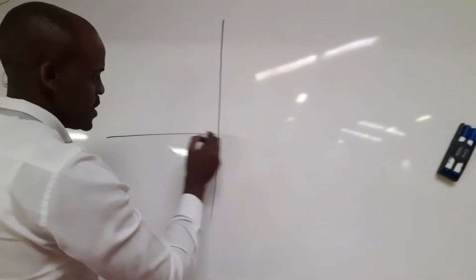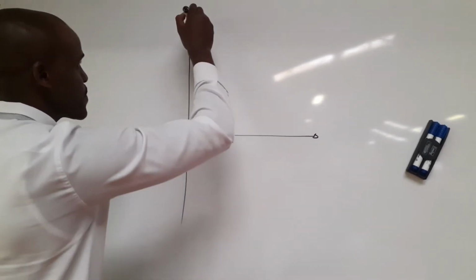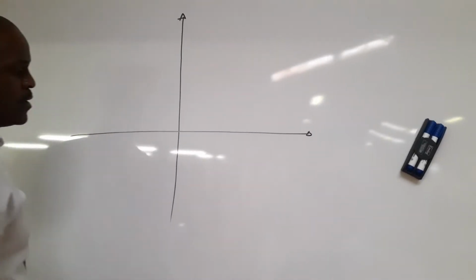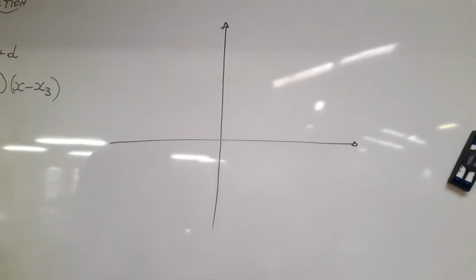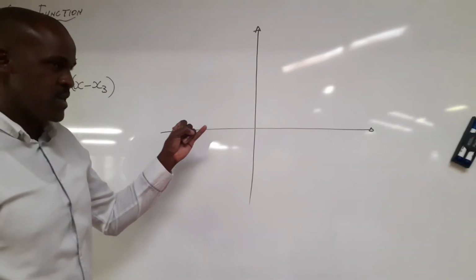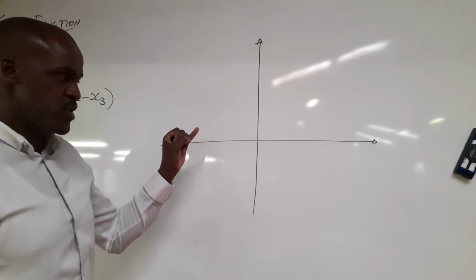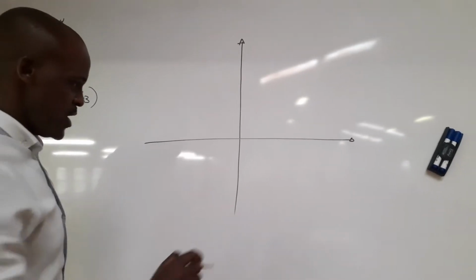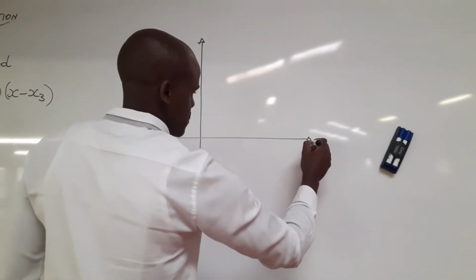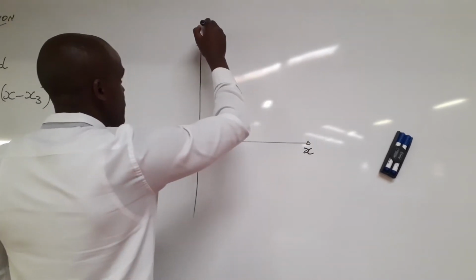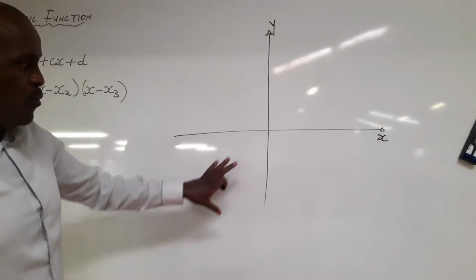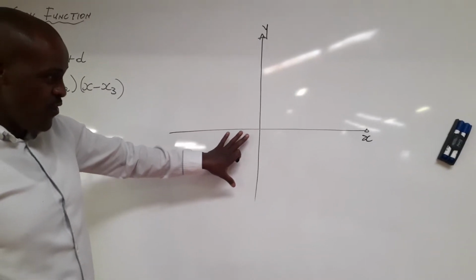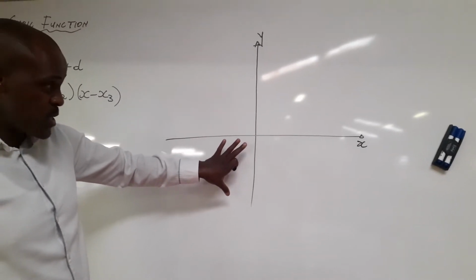And again, when you look at this Cartesian plane here, you might find out that you have the x-intercept, which is equal to 0, also the y-intercept, which is equal to 0. And you might find out that those are the only roots that you have.